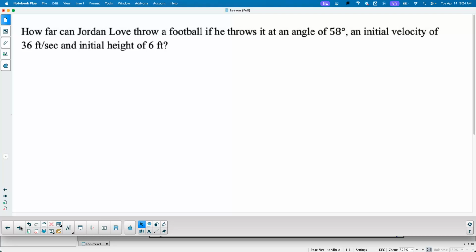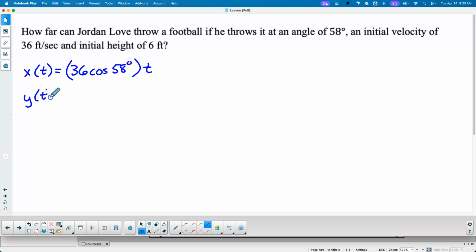Okay. So, what are the parametric equations to go along with this one? Okay. And negative 16t squared.